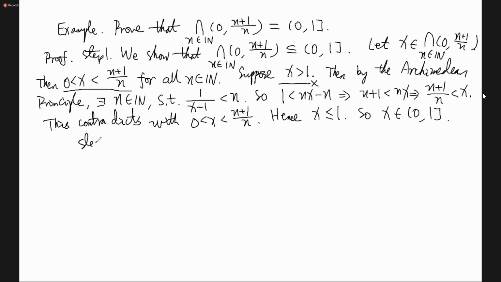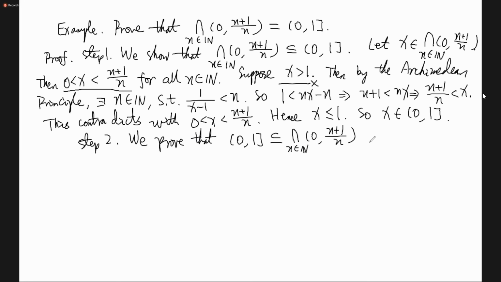Okay, step 2. We prove that (0, 1] is containing the intersection. So this is an easier step.